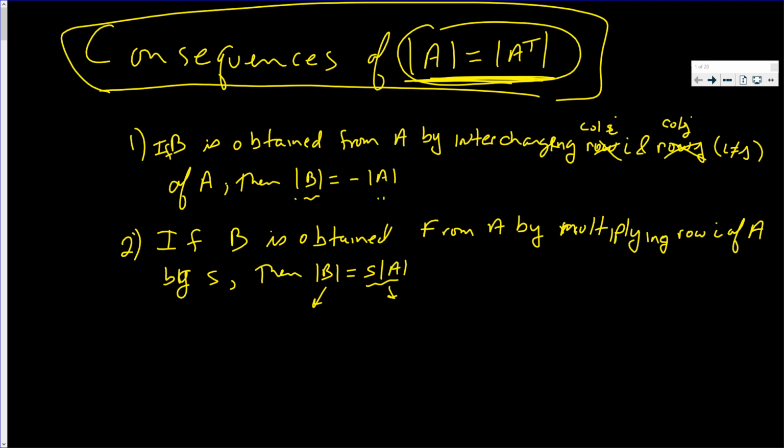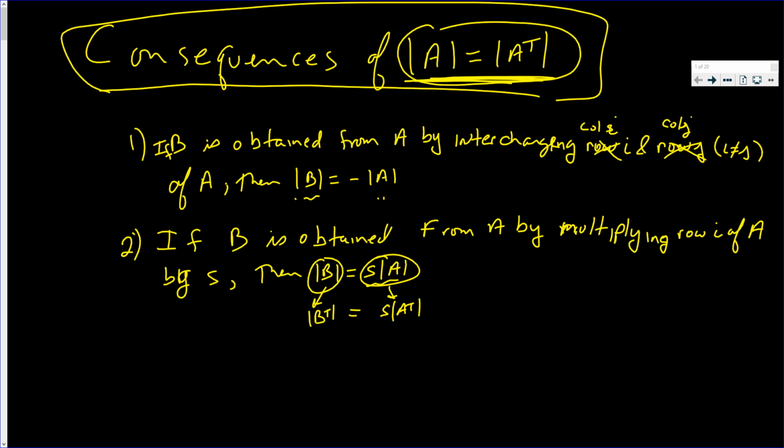S times the determinant of A is S times the determinant of A transpose, and the determinant of B is the determinant of B transpose. So I just wrote different ways of writing those two. So that last line will be equal.